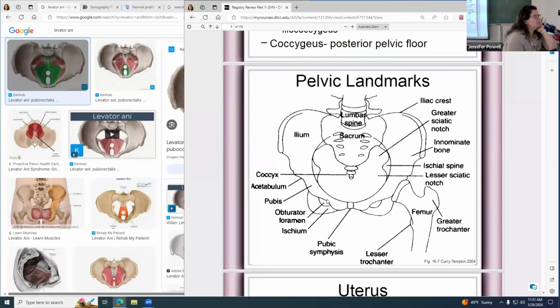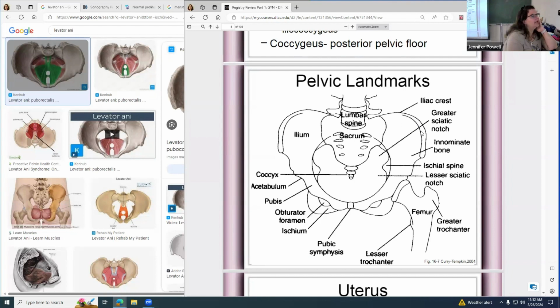This bone is the pubis, obturator foramen. Any foramen is a hole. Ischium is here. This is that pubic symphysis I was talking about, how you can feel that bone way down low, below or inferior to somebody's bladder. Sometimes that's a landmark that you have to look for.